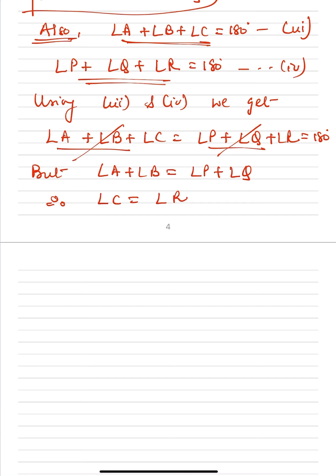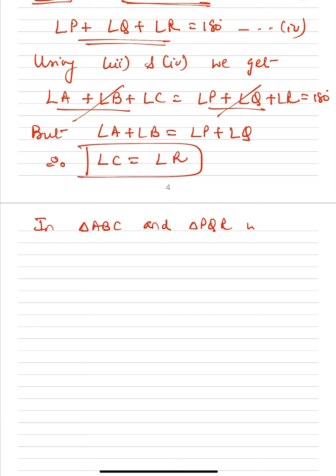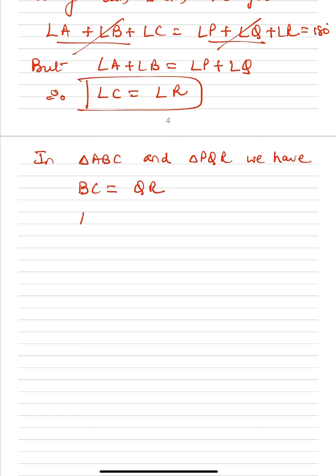Now we can say that in triangle ABC and triangle PQR, we have BC is equal to QR, which is already given. Angle B is equal to angle Q is also given.